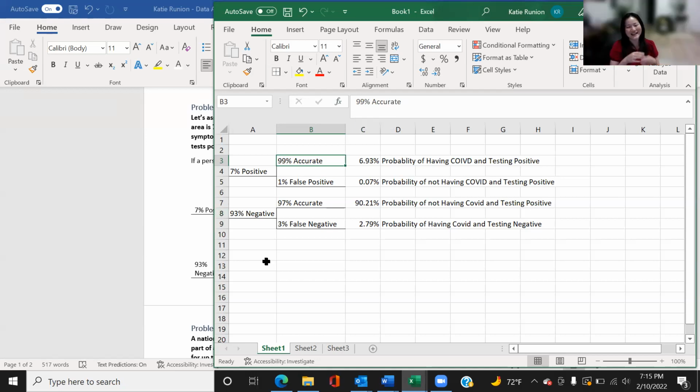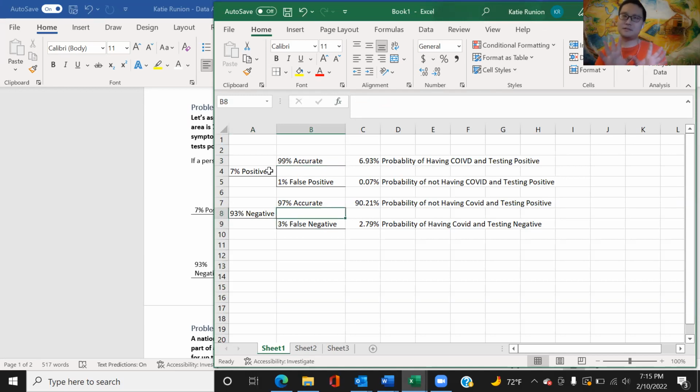I have a completely different process from yours, but I got the same answer. Yeah. But what's important here is making sure that what's being conditioned on is in the correct position. On the first row, what we want is: conditional on having COVID, what's the probability of testing positive?